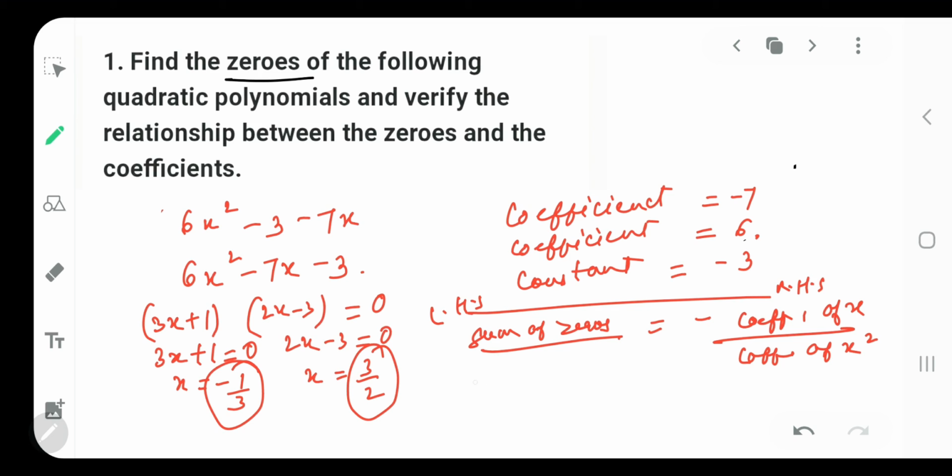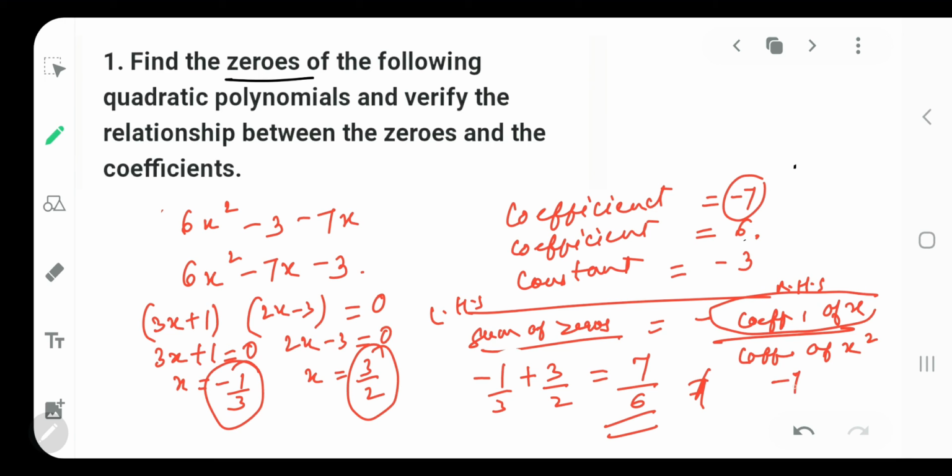So sum of zeros, minus 1 upon 3 plus 3 upon 2. Yes, you have to take the LCM. Your answer will be 7 upon 6. And here also you have to check, coefficient of x was minus 7, and with the minus sign of the formula in front, it will be 7 upon 6. Hence the relationship is verified.